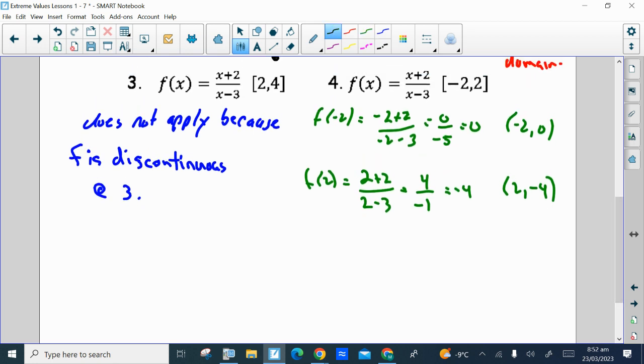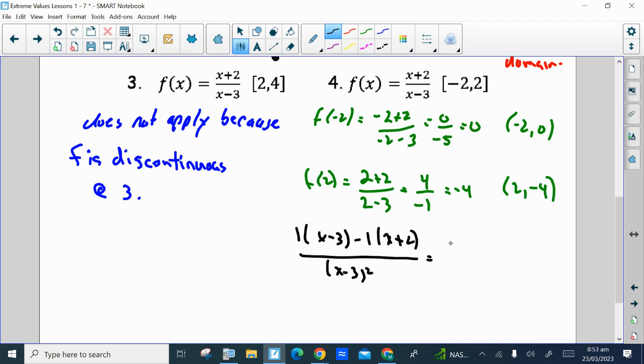So now we have to take the derivative, which we need to use the quotient rule for. Derivative of the top times the bottom, minus the derivative of the bottom times the top, all over the bottom squared. And that has to equal the slope of the chord.